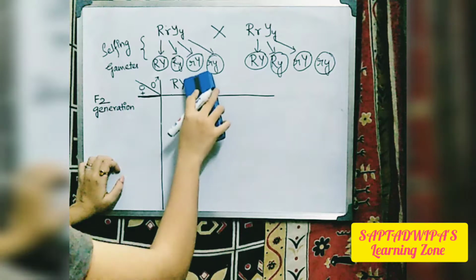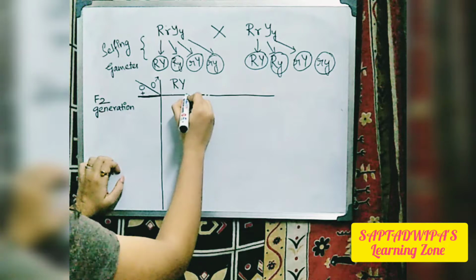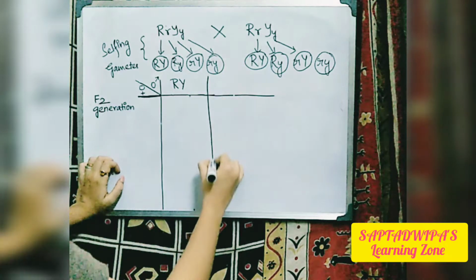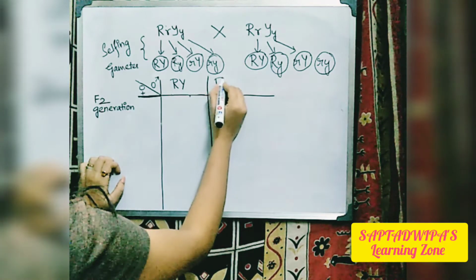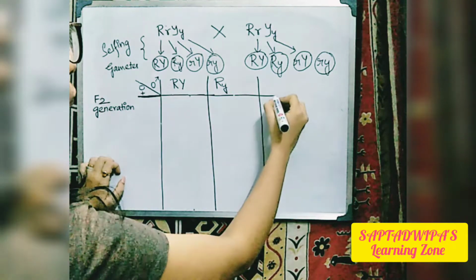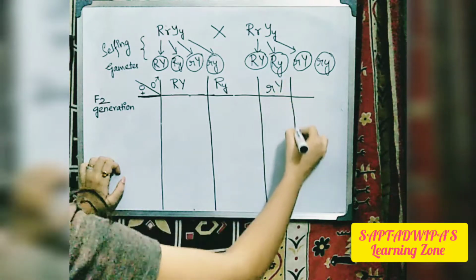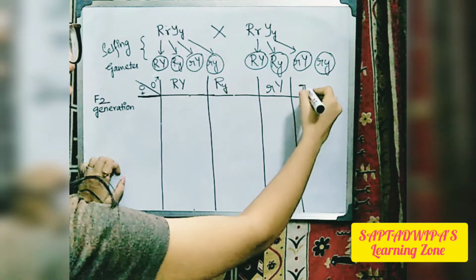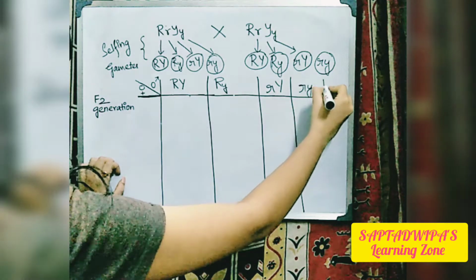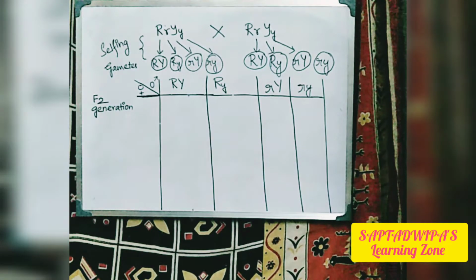I'll make it a little bit bigger so that it's easier for you to see. So RY, then capital R, small y, then small r, capital Y, and last but not the least, small r, small y. Whatever we are doing here, we will be doing on this side also.